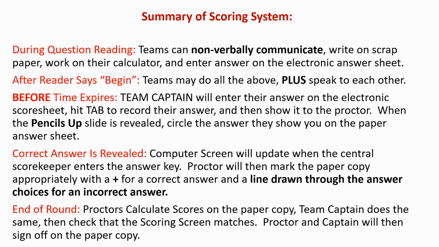At the end of the round, you are going to take this paper answer sheet, calculate the scores on the paper copy, calculate the tiebreaker scores. There are directions on the sheet as to how to do that. Compare that against the electronic score sheet and make sure that both of them say the same thing.